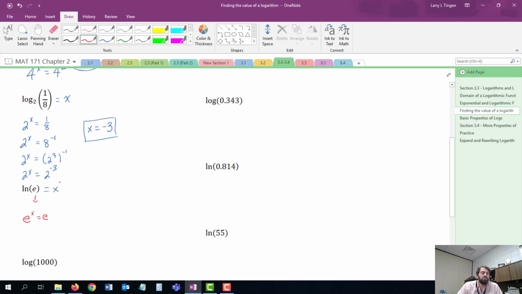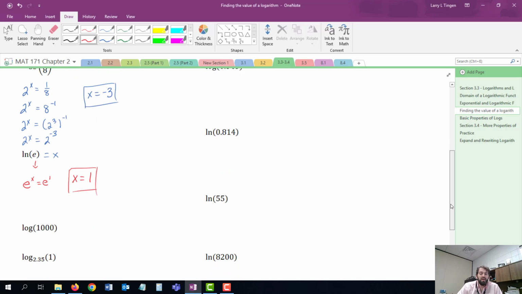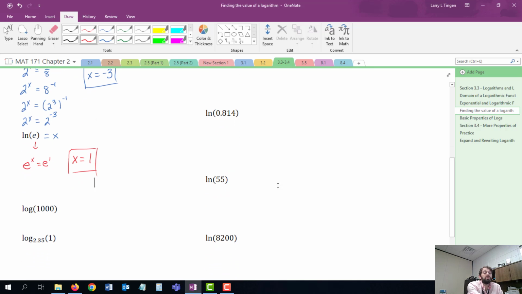There is no exponent on the right, so there is an understood 1 there. That means x equals 1, right? If the base and the argument match, the answer is always 1. If the base and the argument have the same base, then calculating the log is super easy.